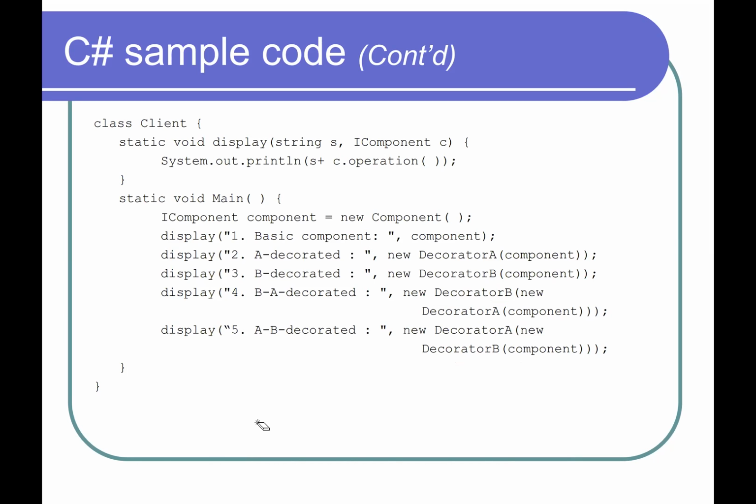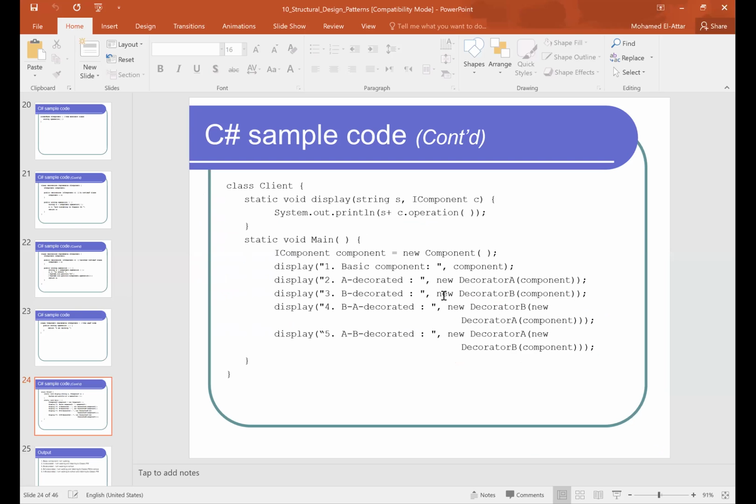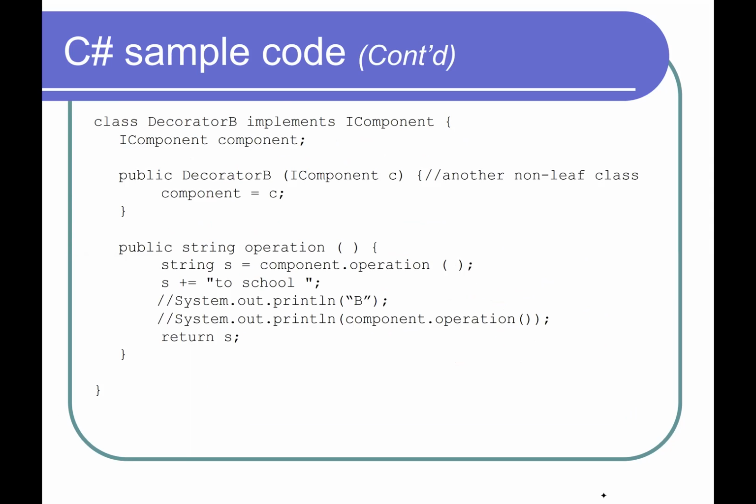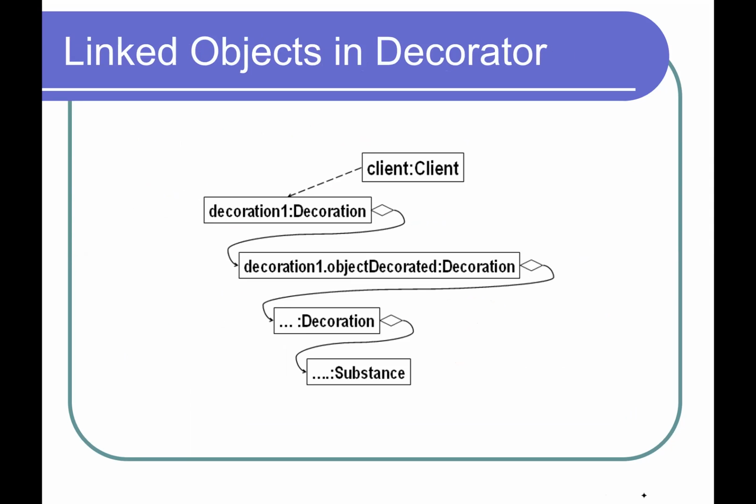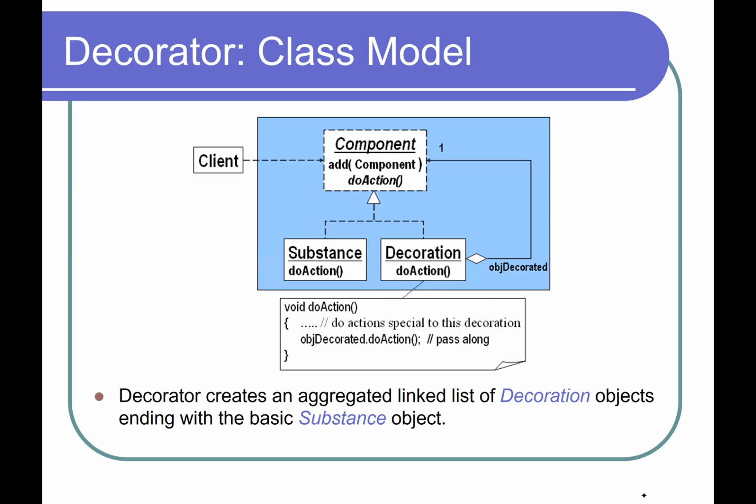Now here's the kicker. In case I have a situation as such, going back over here, I have a decorator that may or may not have an object following it. So it could be a decorator or it could be a substance. There's only one small thing that I have to change in this class diagram.